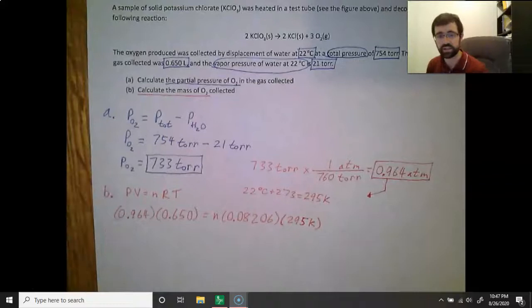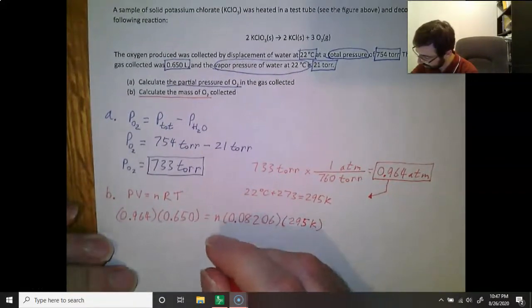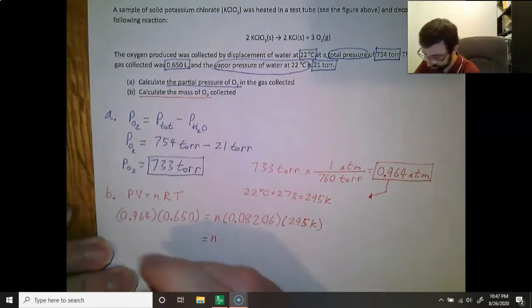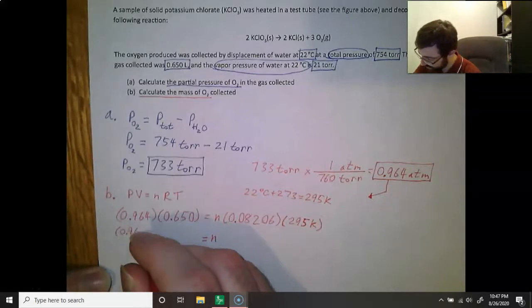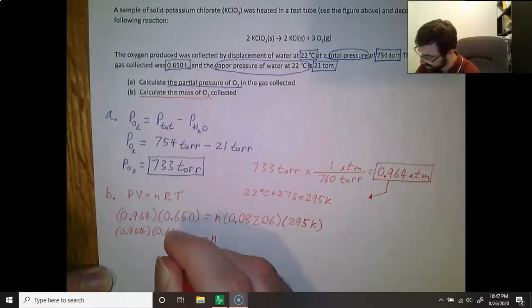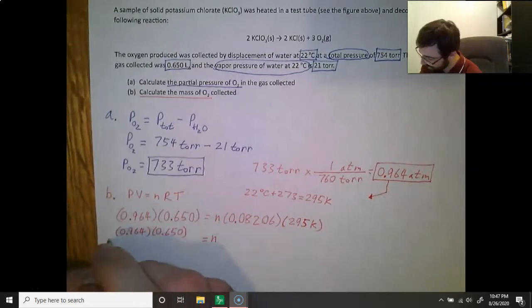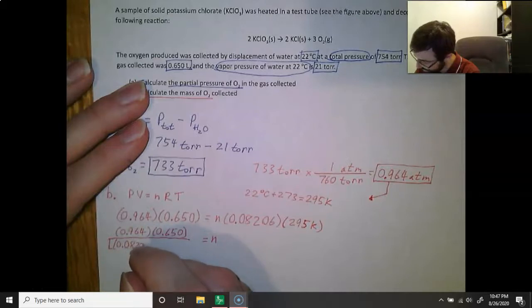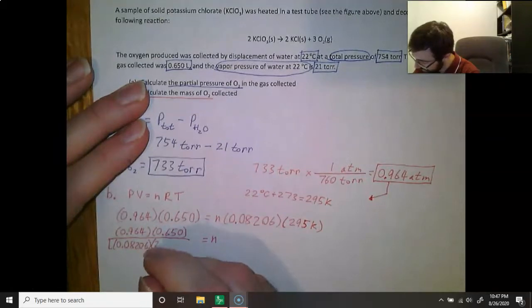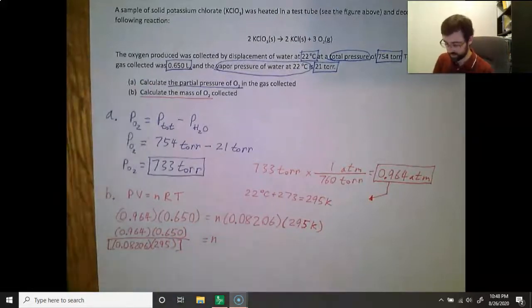All right, now I just need to solve for n. So n equals 0.964 times 0.650 divided by, and we've got to have this in big brackets, 0.08206 times 295. Make sure you put it in brackets when you put this in a calculator.